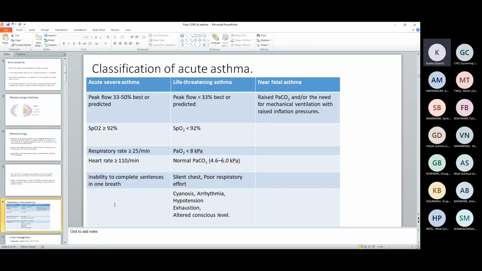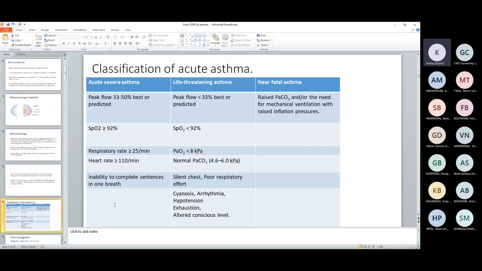Depending on the severity, acute asthma can be divided into acute severe asthma, life-threatening asthma, and near-fatal asthma. Normally acute severe asthma can be managed in the emergency department. From the ITU point of view, sometimes we may encounter patients with life-threatening or near-fatal asthma.